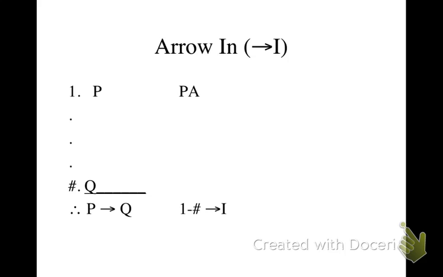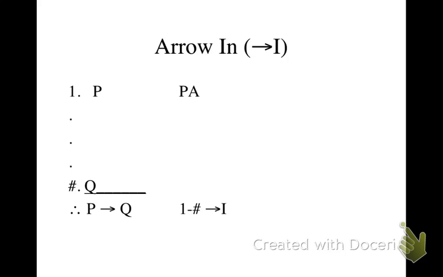So we make a provisional assumption of P. And if, through a series of steps, P leads us to Q, which is the consequent of the conditional we are trying to derive, then we can say, aha, well, if P is true, then so is Q. So if P, then Q. Basically, the only thing we're taking away from this proof is the conclusion of P arrow Q. That's the thing that matters at the end of the day. And we can go on and use that in our proof, or maybe it's our final conclusion.